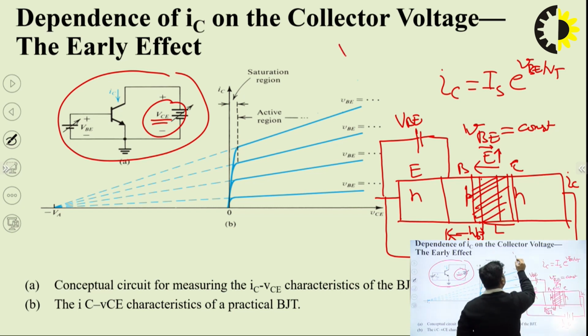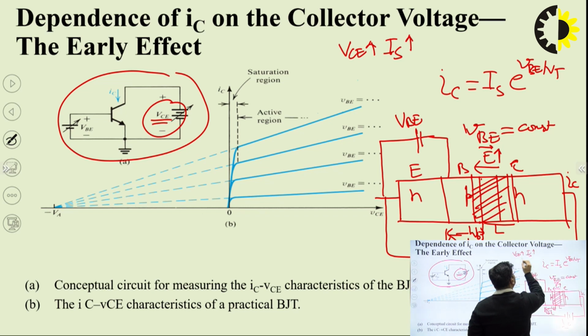So, with increasing VCE, the base width region is more narrow, means the width of the base decreases. What is the effect? IS will increase. With increasing VCE, IS increases.